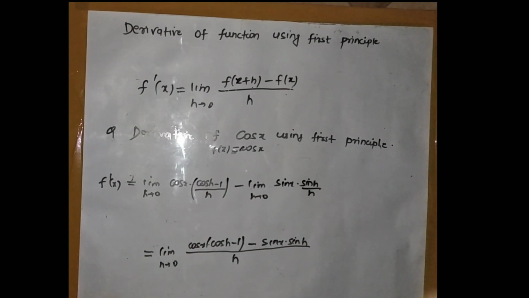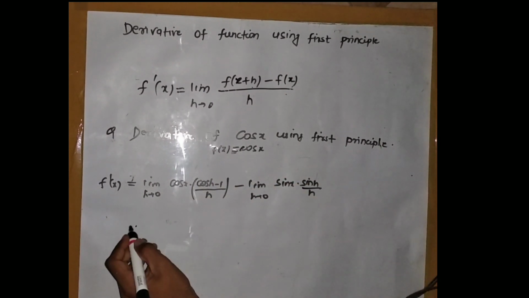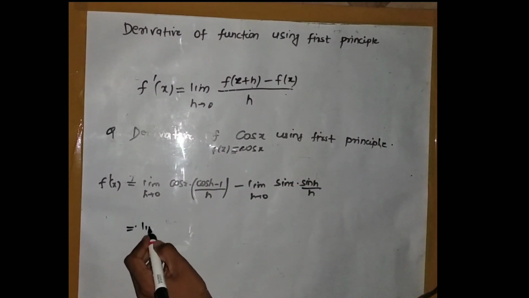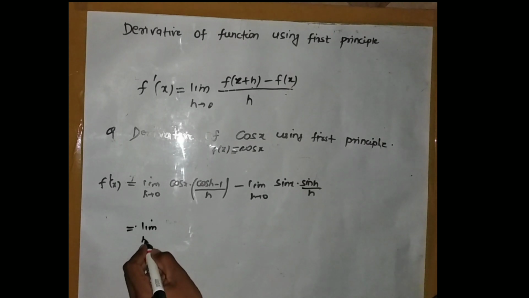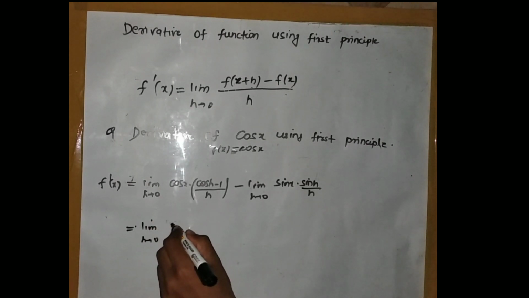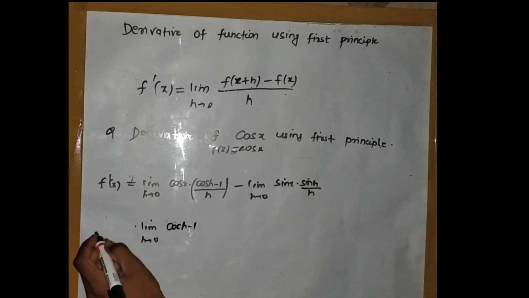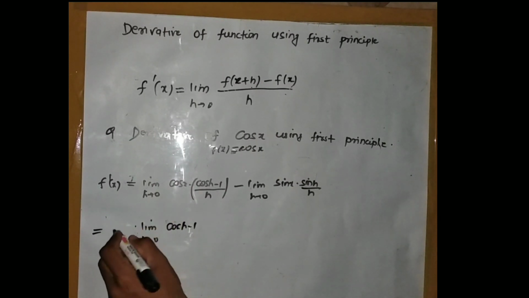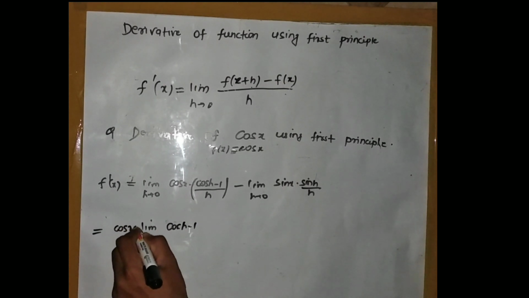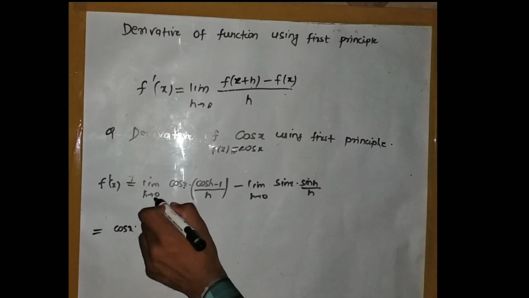So above expression can also be written as cos x into limit h tends to 0 of cos h minus 1 by h. We simply take cos x outside because cos x is independent of limit, because here h tends to 0.